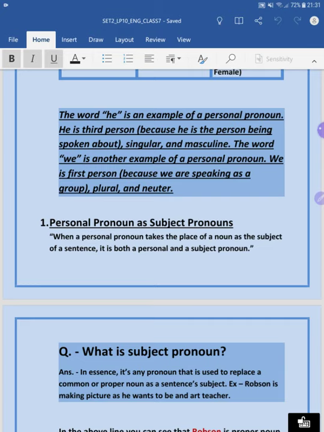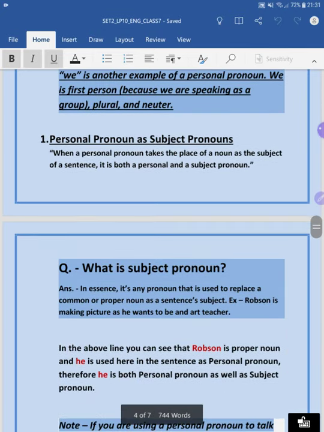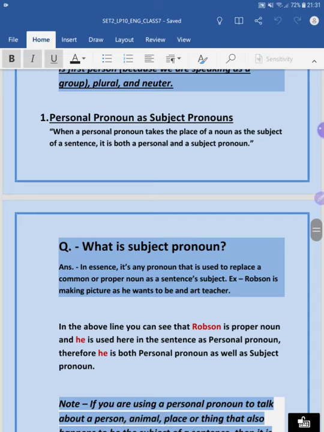Now it might happen that a question arises in your mind that what is subject pronoun? In essence, it's any pronoun that is used to replace a common or proper noun as sentence's subject. For example, we can take an example that Robson is making picture as he wants to be an art teacher.